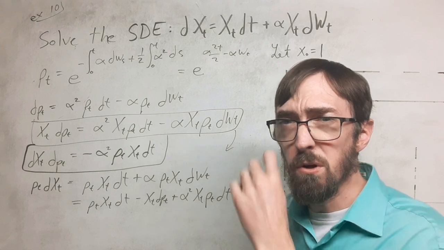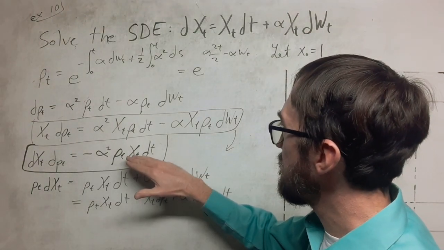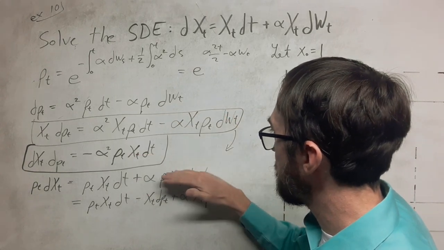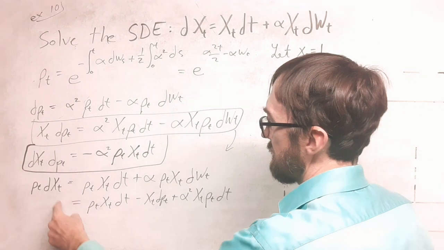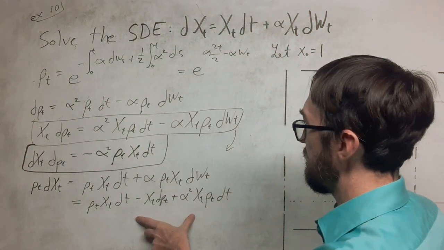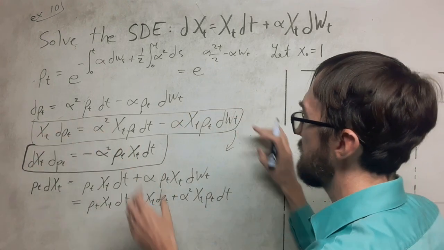I probably had written it down wrong originally and then transferred it wrong. So this term looks different. I went ahead and did the substitution in for here so that rho sub t dx sub t is now this, where I've taken this term out and substituted in here.